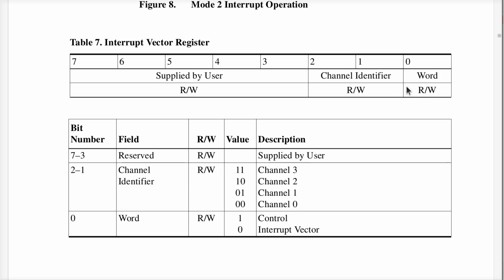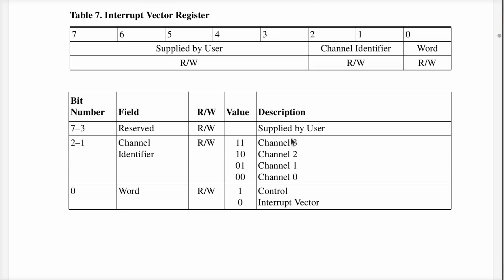Okay, so how does this then work? Well, bits 3 through 7 are supplied by the user. These are the bits that I'm setting when I initialize my CTC for interrupts. Okay, that's what I'm doing. I'm setting these user settable vector bits right here. And this value as a whole is the value that's going to be supplied in the interrupt acknowledgement cycle.